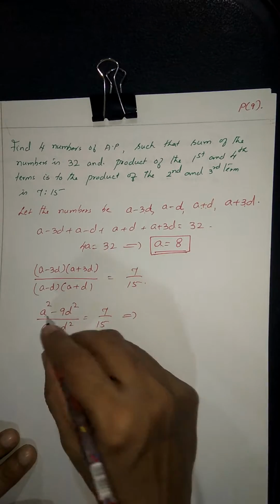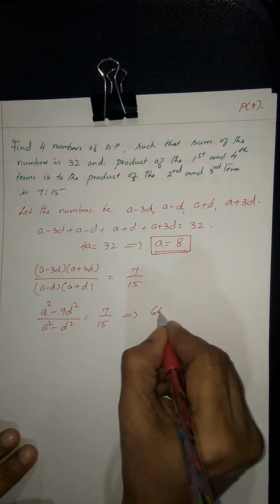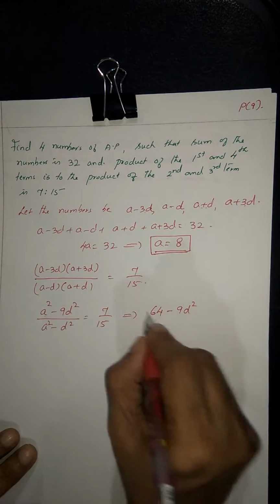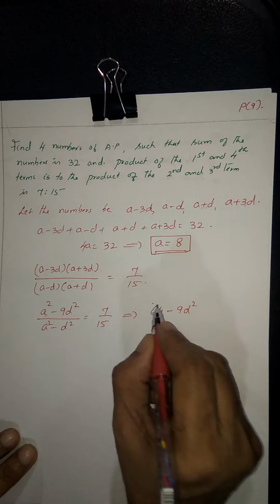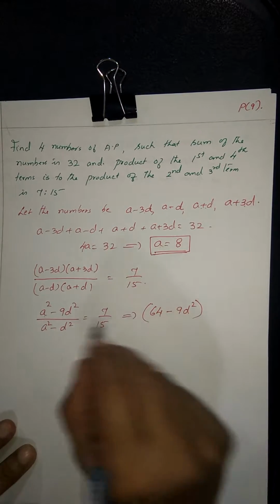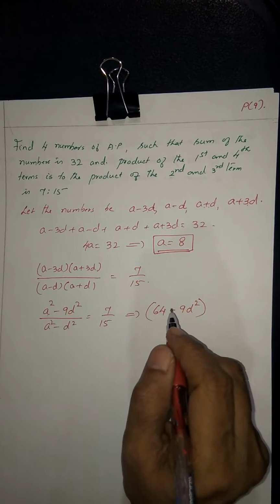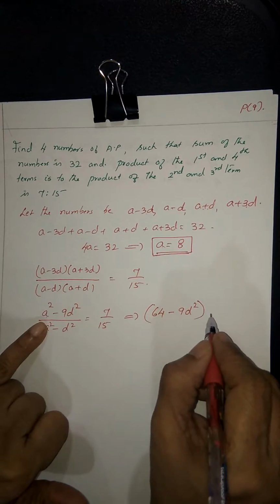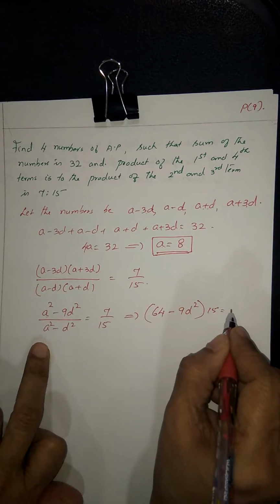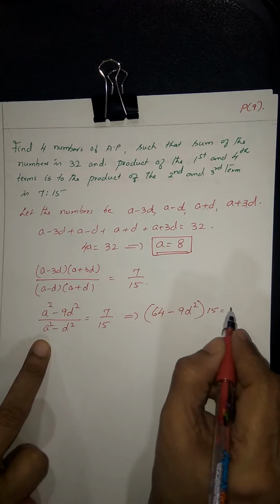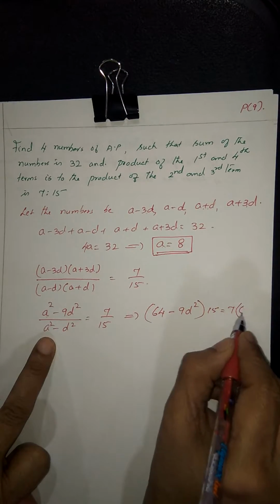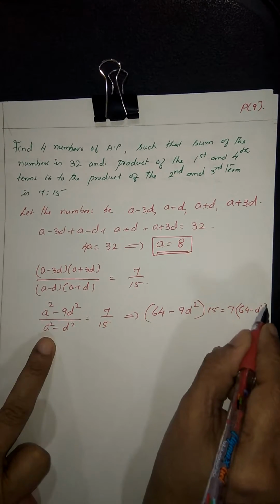Now we will substitute the value of a here. So a squared will be 64. So 64 minus 9d squared into 15 is equal to 7 into 64 minus d squared.